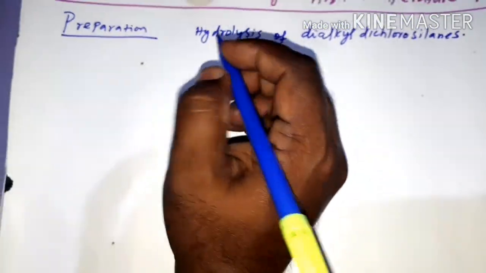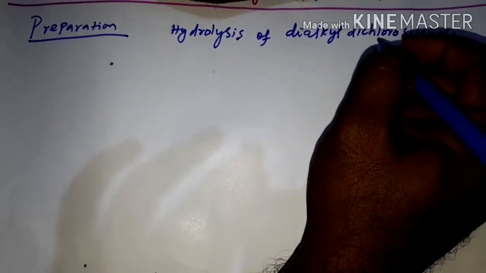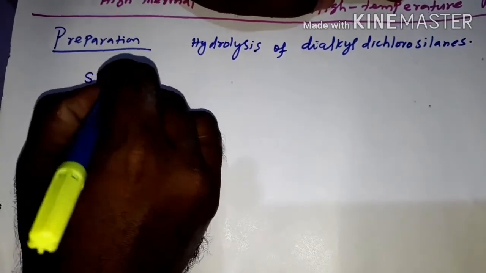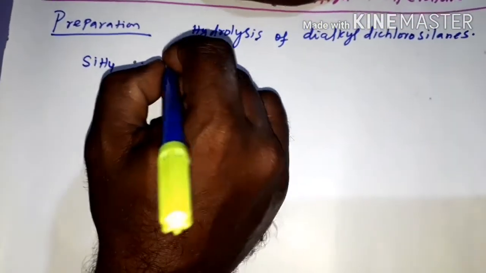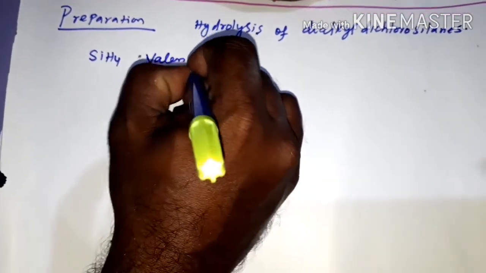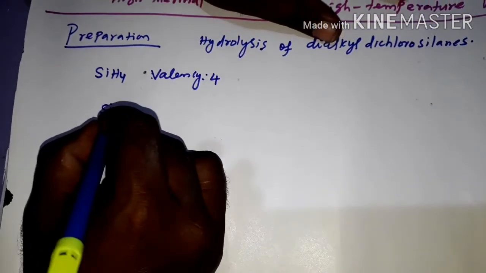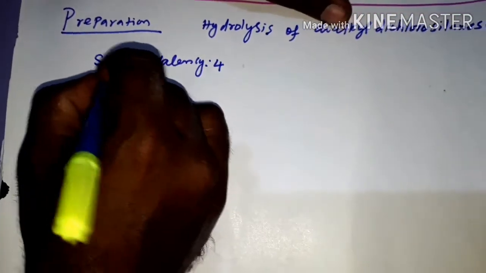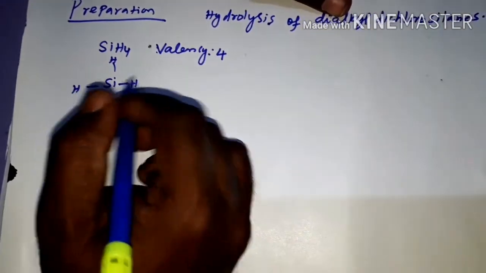First you should know about silanes and dialkyl dichlorosilanes, so let me tell you one by one. First, silane is SiH4. Since the valency of silicon is 4, one silicon atom is surrounded by 4 hydrogen atoms. Clear?